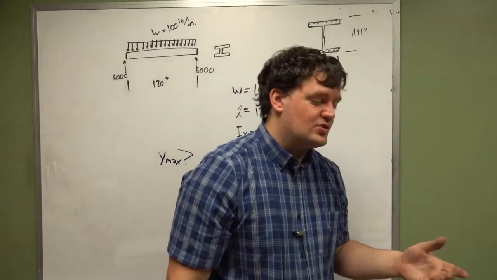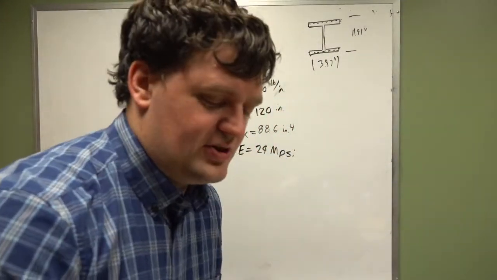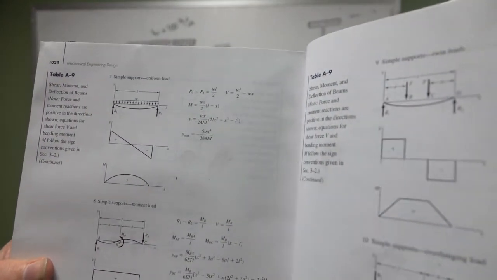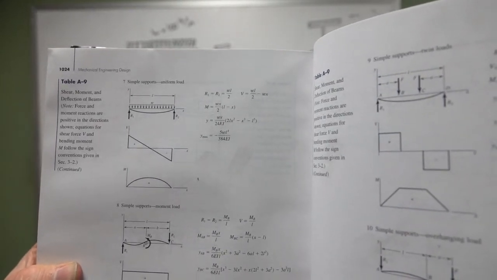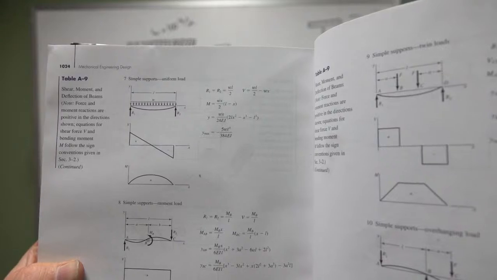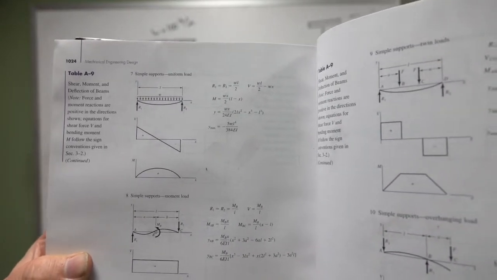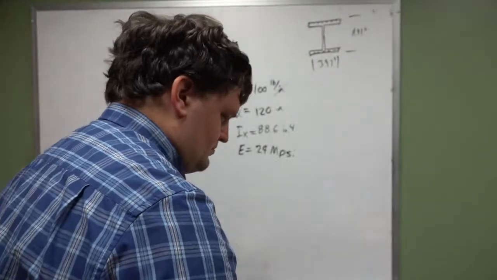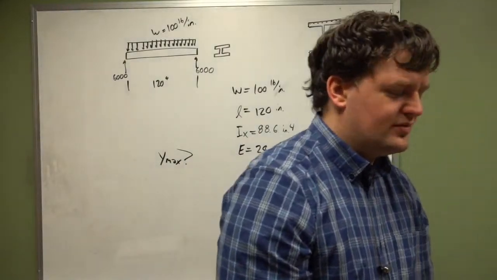Now, the book gives us an equation. Again, I'll hold this up for everyone who wants to read a book through YouTube video. It gives us the Y equation right there. It also shows us what the bending moment looks like, and what the shear force diagram looks like. We have everything we need right here. It's nice and already been calculated for us.